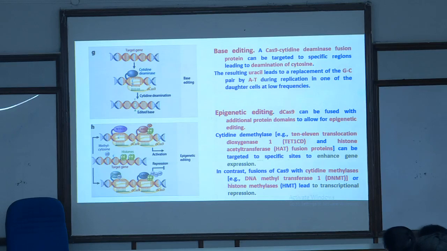One is the cytidine demethylase, that is ten-eleven translocation dioxygenase 1, and a histone acetyltransferase fusion protein can be targeted to very specific sites to enhance gene expression. This is very interesting. If you want to enhance even gene expression, that's possible using this technology. And the opposite of that, transcriptional repression, is also possible using another Cas variant, Cas9 with the cytidine methylase, that is DNA methyltransferase 1 or histone methylase, that leads to transcriptional repression.